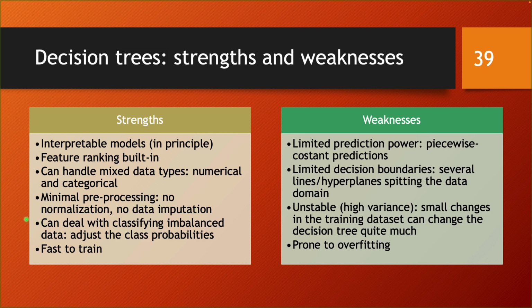Another strength of decision trees is that they can deal with classifying imbalanced data, meaning data sets in which one or more classes are overrepresented with respect to other classes. The way to do that is you can adjust the class probability.